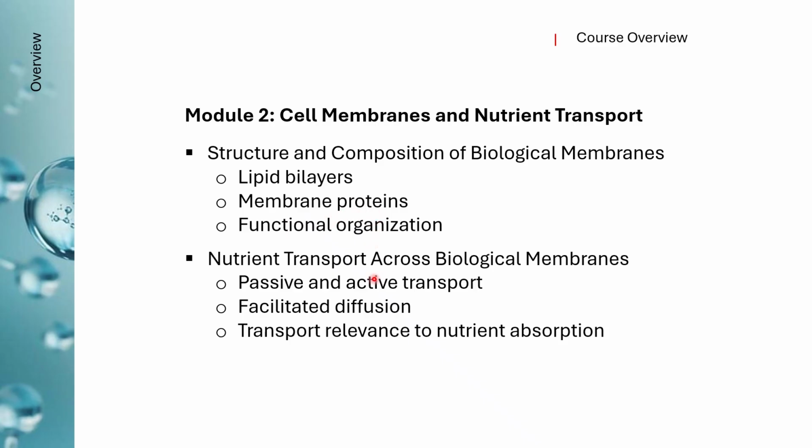So what kind of transports are we talking about? And what is the mechanism behind all this transport across different biological membranes? Keeping in mind that biological membranes could be found in the intestine, for example, but not necessarily. So you may be looking at biological membranes in the nerves, right?